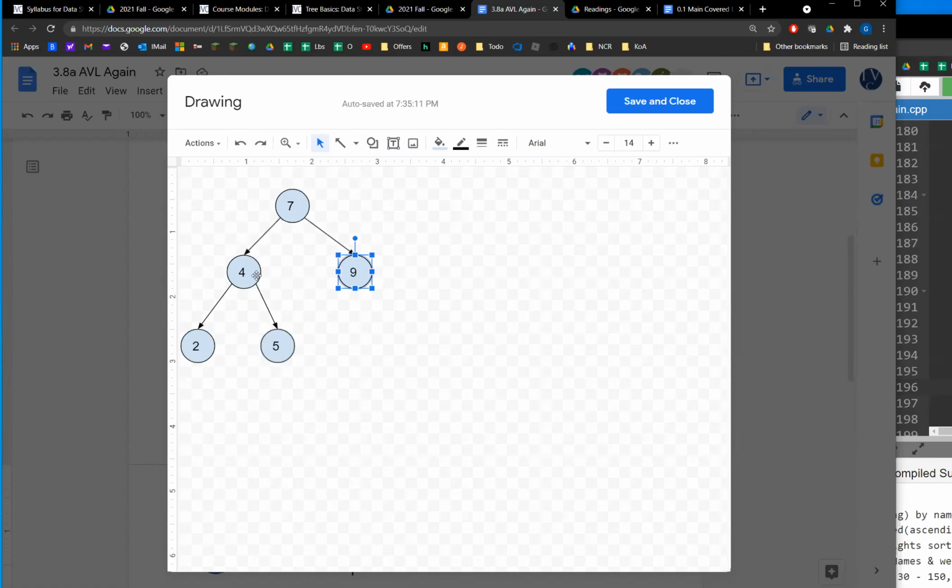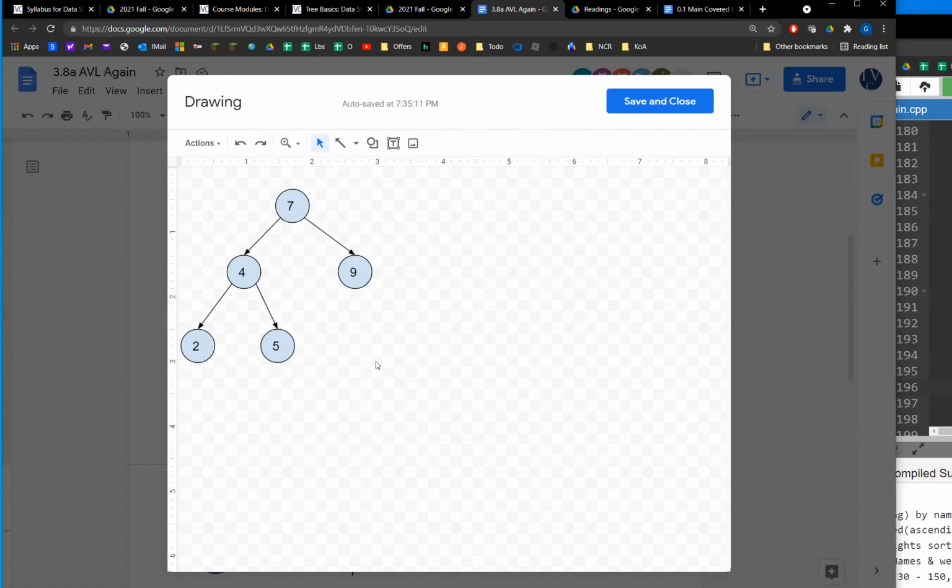If the left subtree gets an additional level, then the 7 node is going to fall out of balance and require rotation. So depending on which way we branch at this level, right subtree or the left subtree, that's going to drive how we do our rotations.